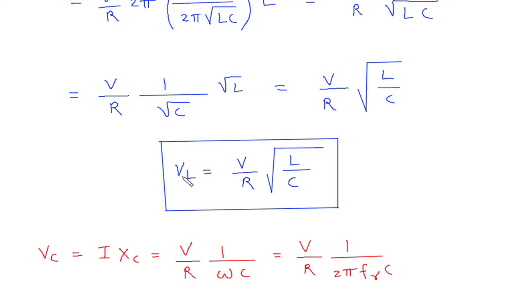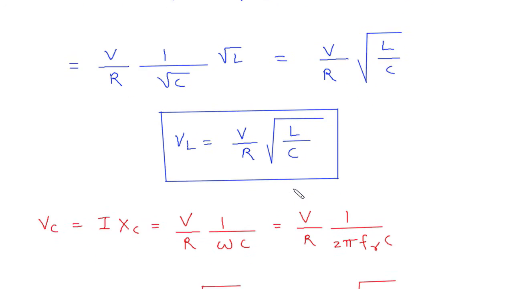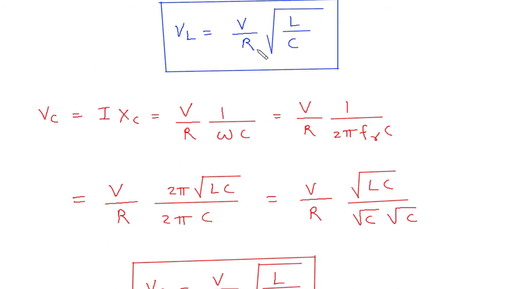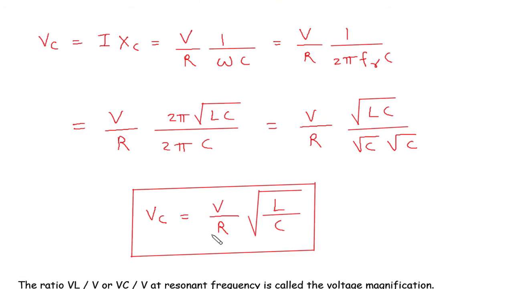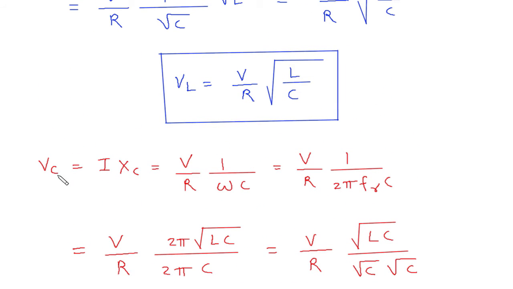So this is the voltage drop across the inductor, V by R into under root of L by C. Now the same value will be for the capacitor. Here we can see VC is equal to I into XC. Again this I can be replaced by V by R according to Ohm's law.